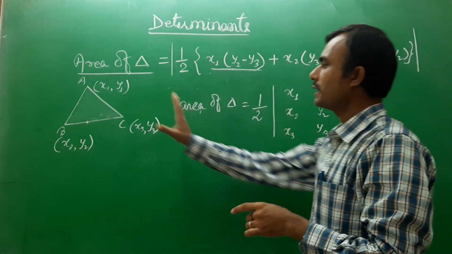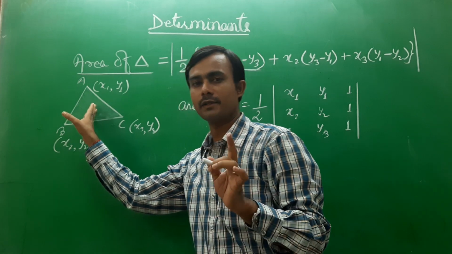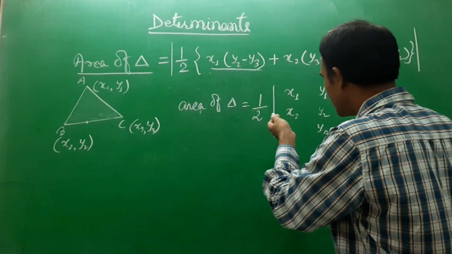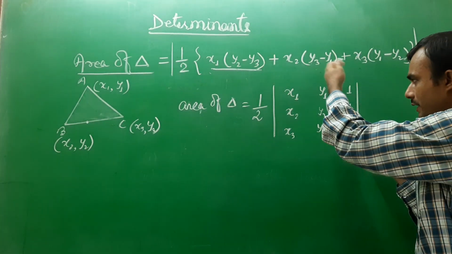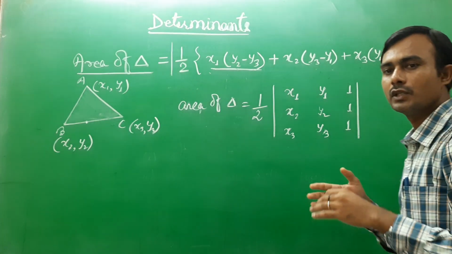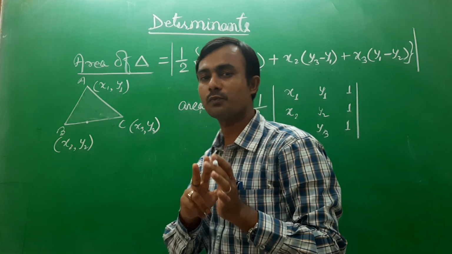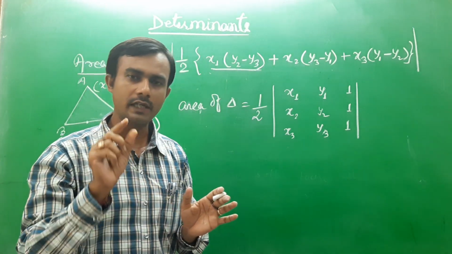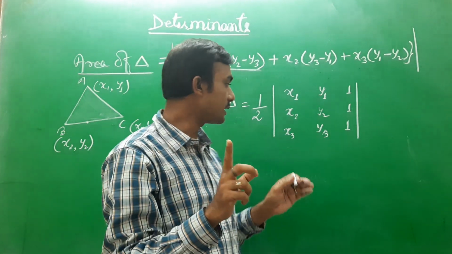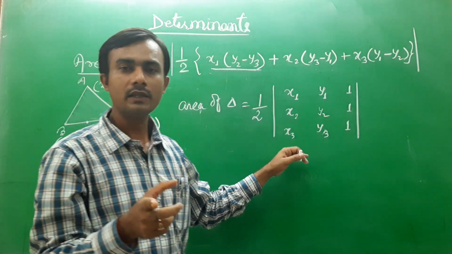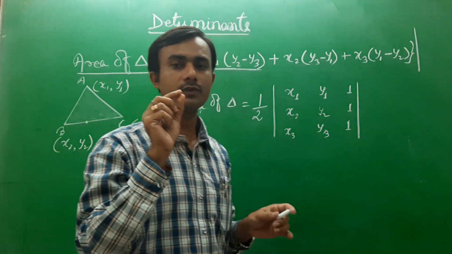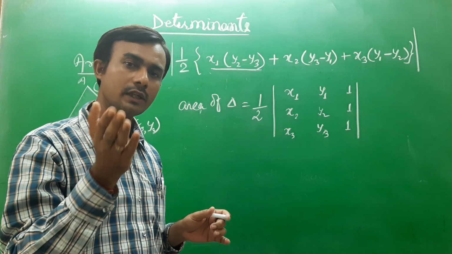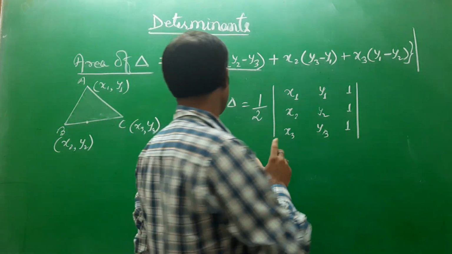As area cannot be negative, whatever result you get after finding the determinant, you must check whether it is positive or negative. If it is positive, then that will be the answer. If it is negative, then you have to use the absolute value, meaning it must be positive.